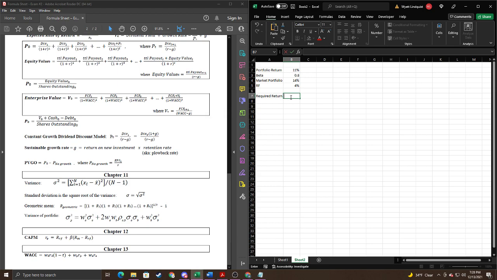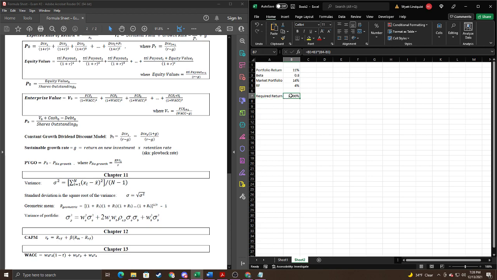The first thing is our expected return is going to be equal to the risk-free rate, which is 4%, plus the beta multiplied by the market portfolio minus the risk-free rate. And that's going to give us a required return of 12%.